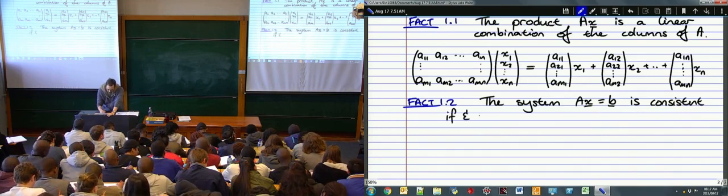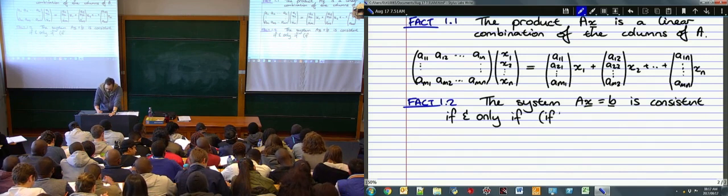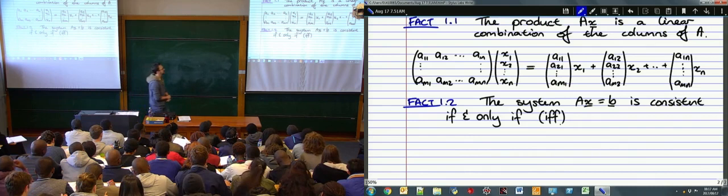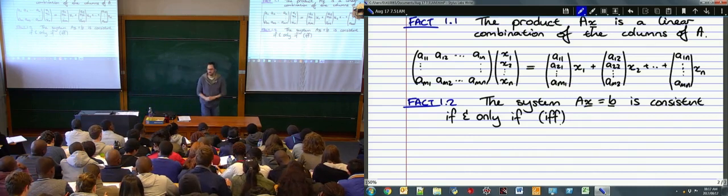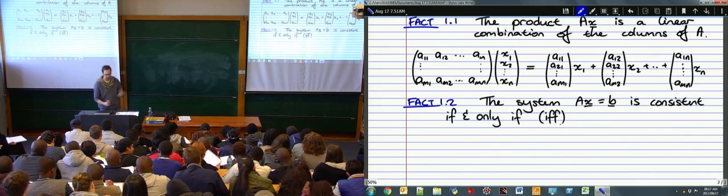Right, so the system AX is equal to B is consistent if and only if. And when we write if and only if, this is sometimes abbreviated or shortened to iff, with a double F. So if you ever see iff, it means if and only if. It's not just a necessary condition, it's also a sufficient condition.